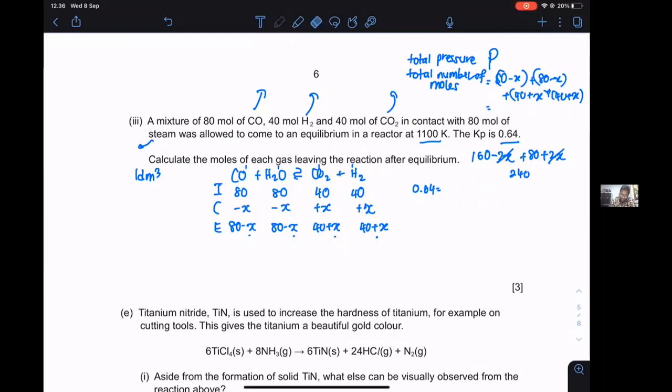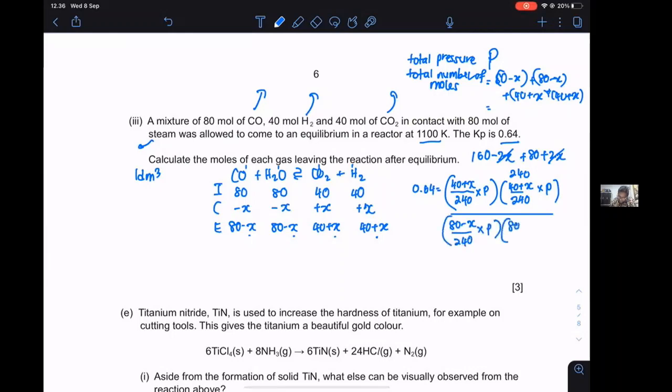Now, here it's going to be 40 plus x divided by the total, so I'm looking for carbon dioxide, 40 plus x divided by 240, then times P. Then hydrogen is going to be 40 plus x divided by 240, times P also, divided by 80 minus x divided by 240 times P also, and then 80 minus x divided by 240 times P.